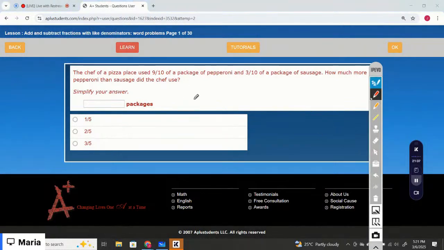The chef of a pizza place used 9/10 of a package of pepperoni and 3/10 of a package of sausage. How much more pepperoni than sausage did the chef use? 9 over 10 minus 3 over 10.